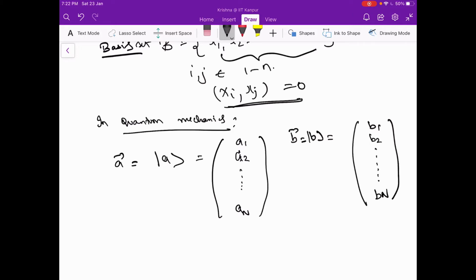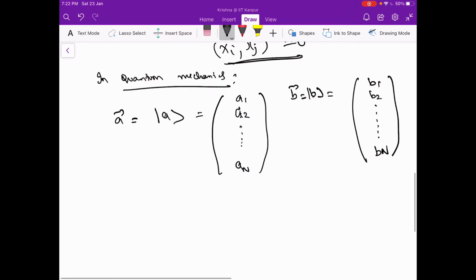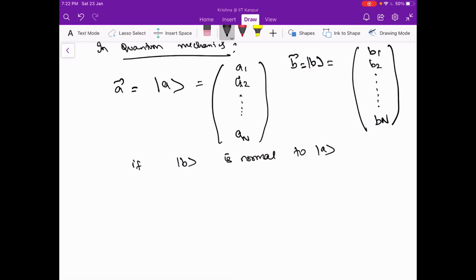If both of them live in the same space, they should have the same number of components. This n should be the same, right? So let's assume that both of them live in the same space, and that's the Hilbert space. Last time we saw that the space in which they are all square integrable is called the Hilbert space. So these are all living in the Hilbert space. Okay, and if the b vector is normal to the a vector, we saw this inner product.